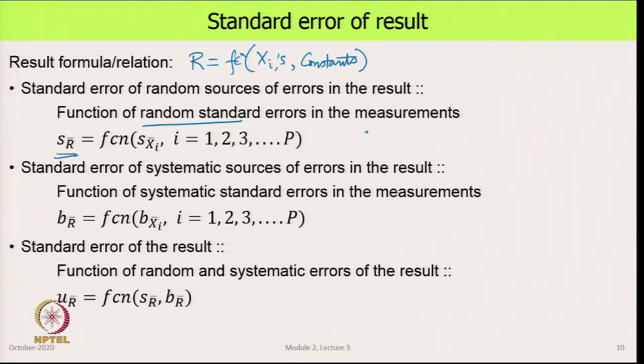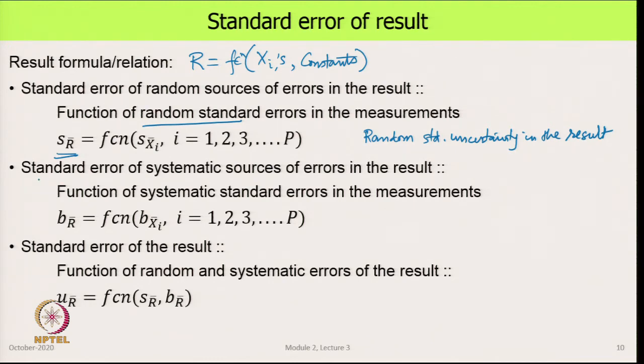So, this is the random standard uncertainty in the result.